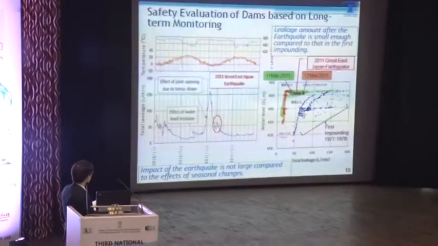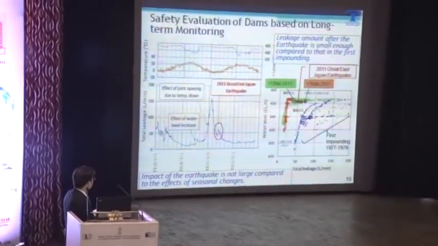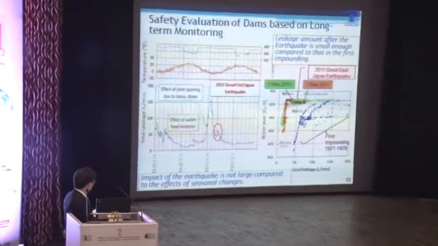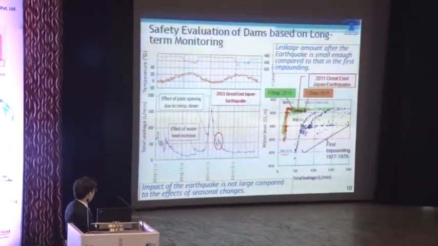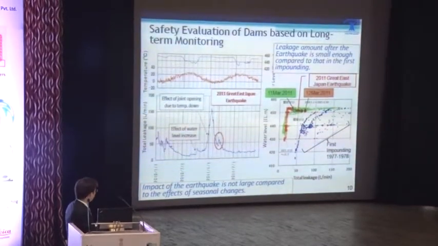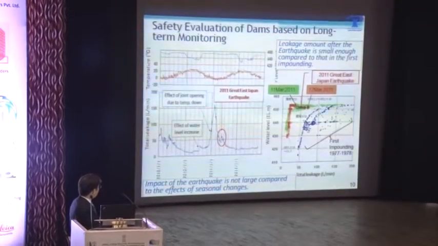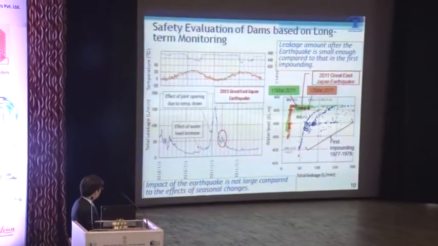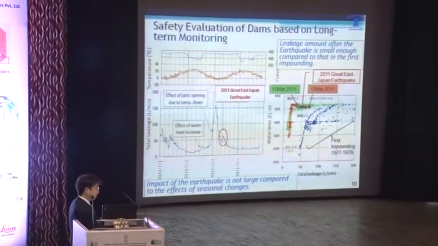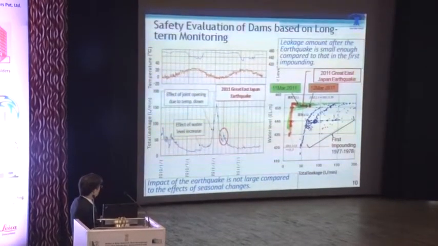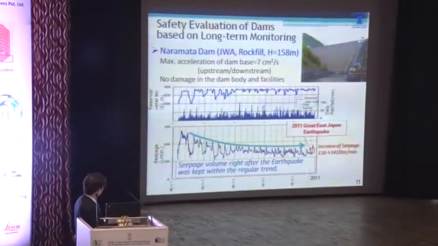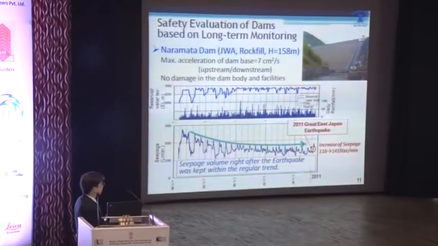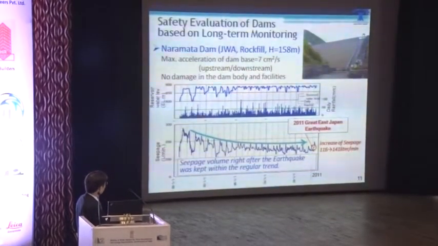So we analyzed the data against the previous data, and we found the leakage decreased and was lower than first reported. So we estimated this dam's safety as a safe condition.